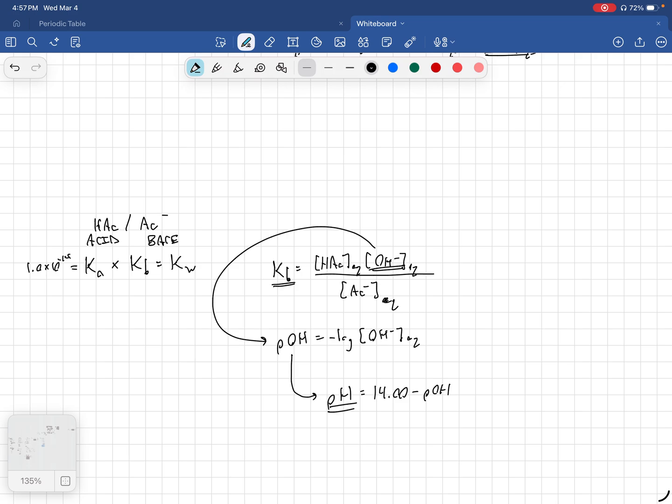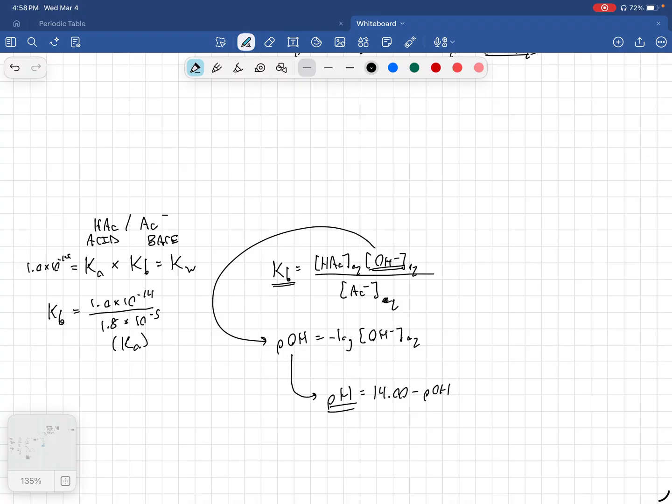So if we want to know Kb, we just need to take 1.0 times 10 to the negative 14th divided by whatever our Ka value is, which in this case is 1.8 times 10 to the negative fifth.